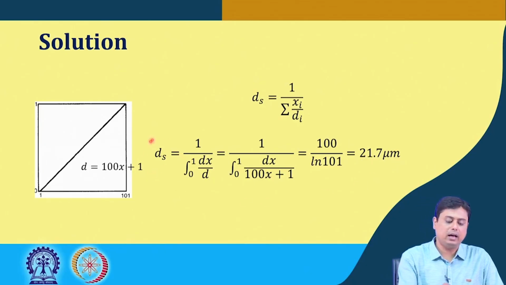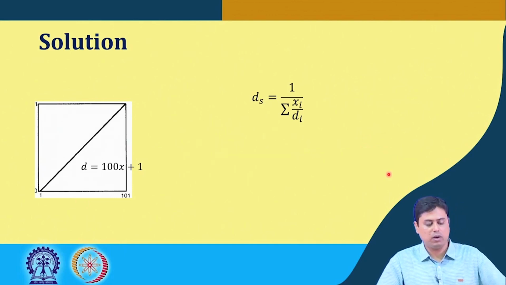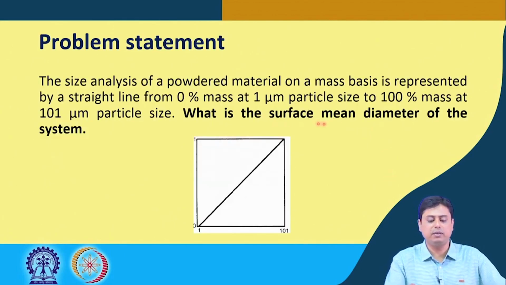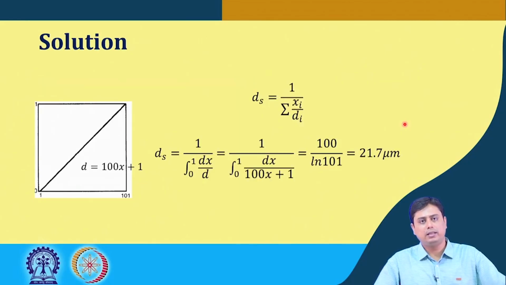So that is the answer, that this ds, which is the surface mean diameter for this sample, 21.7 is the mean surface diameter which was in the question. The surface mean, sorry, this is surface mean diameter. Okay. So this is how we calculate in this case the solution.